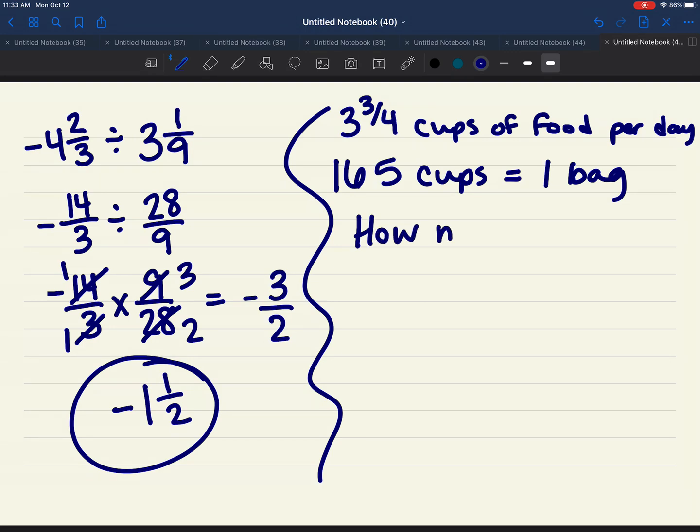And you want to know how many days will this last? Now, you got to be really careful about how we set this up, okay? Can anyone tell me how I would set up this problem if I have a bag of food that has 165 cups and I'm giving my dog 3 3/4 cups of food each day?